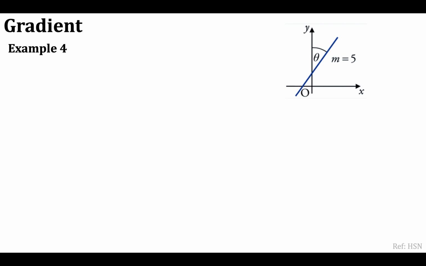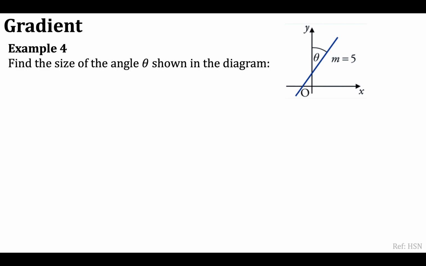So example 4. Find the size of the angle theta shown in the diagram. So I suppose again it's worth noting here that this angle theta is the angle that the line is making with the y-axis and not the positive direction of the x-axis.